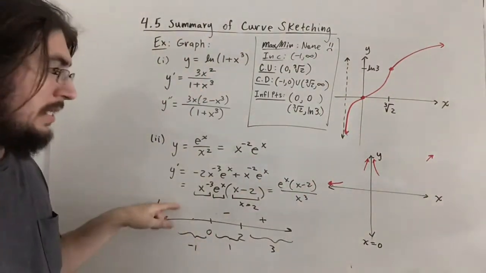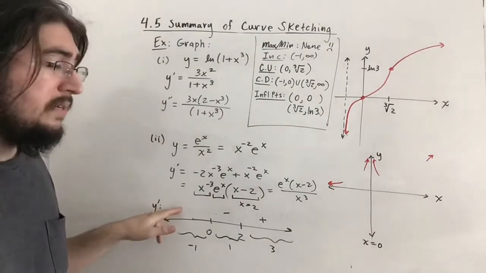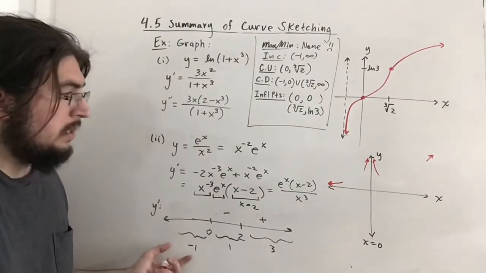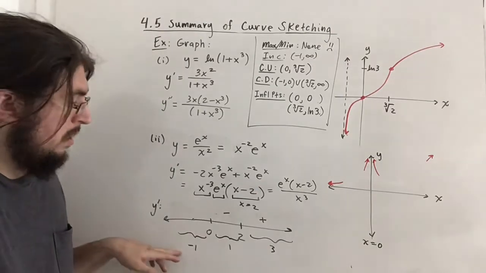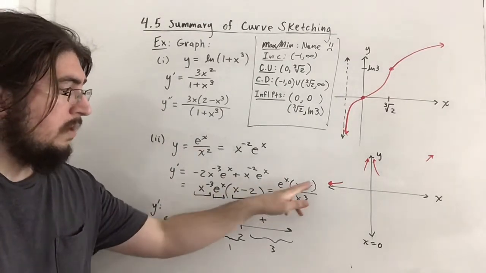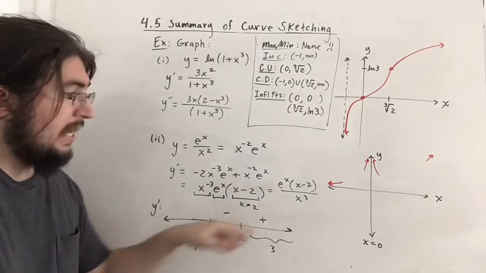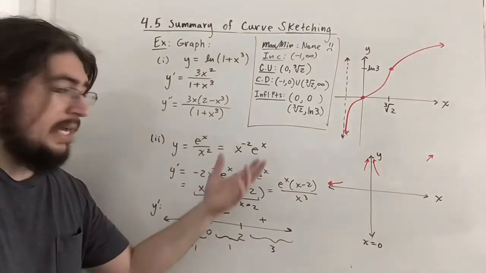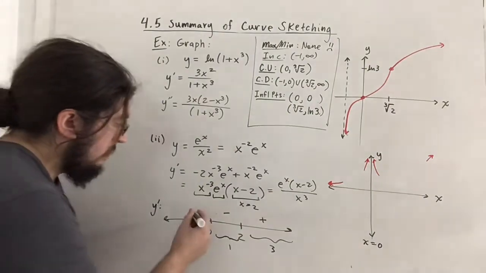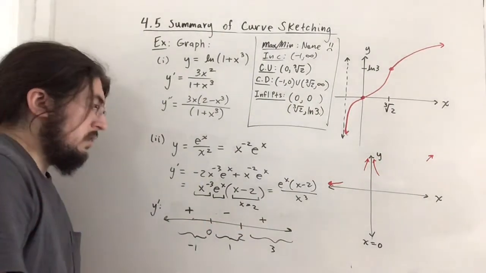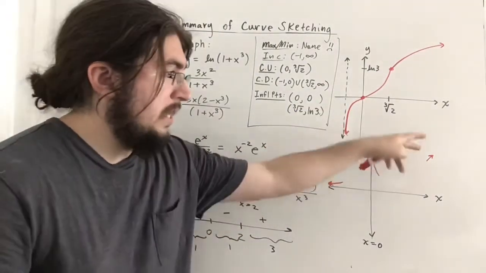So now that tells me this should possibly be positive, and it is going to be. I'll just show you, when you plug in negative 1, we get e to the negative 1 is positive, negative 1 minus 2 is negative 3, that's negative, so the top's negative, and negative 1 to the 3 in the bottom is negative, and negative over negative is positive. So this is actually positive. So it's for sure increasing here, decreasing, then increasing.